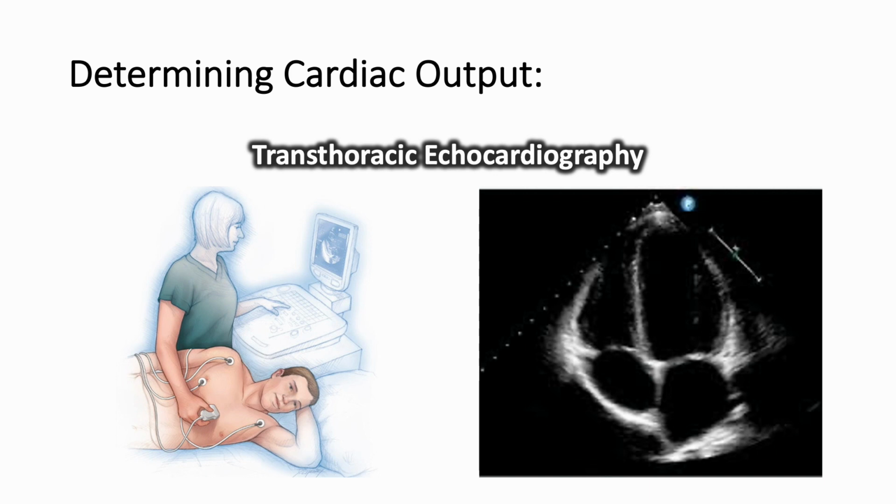Although normally readily accessible, especially with the increased availability of point-of-care ultrasound, obtaining sufficient views of the heart for measurement and calculations via transthoracic echocardiography can be challenging and sometimes not possible at all due to patient anatomy and body habitus. While echocardiographic views can often be optimized through purposeful patient positioning, this is not always possible for patients on VV-ECMO due to factors such as sedation and cannula stability concerns.